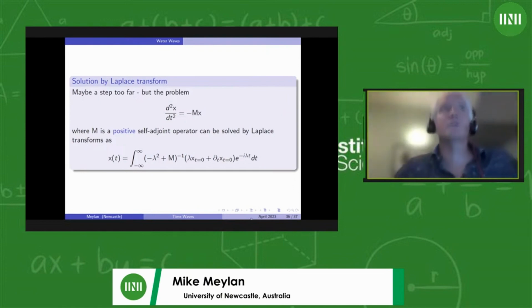Just to say this again, to be really clear: all these problems that loads of people have involve a second-order positive self-adjoint operator. So we can solve it another way. Because of that, we know all the spectrum lies on one half.